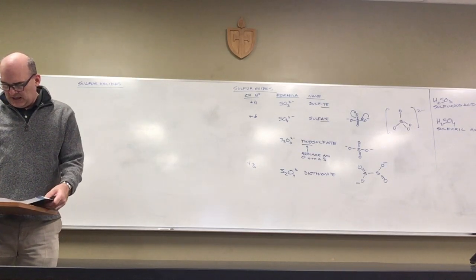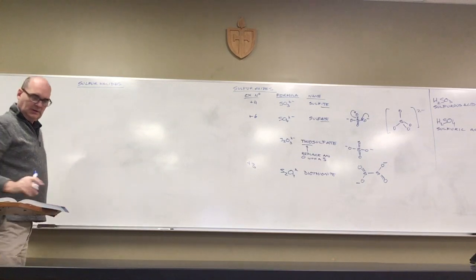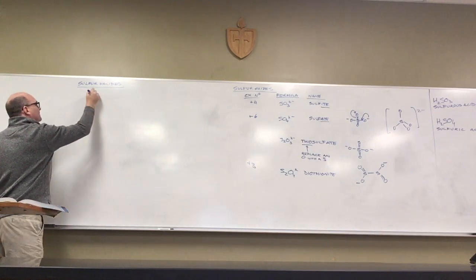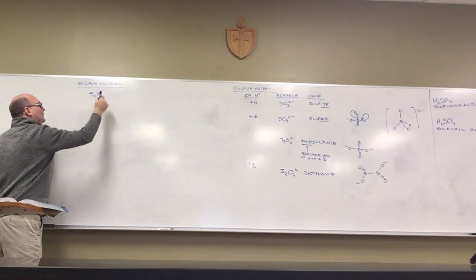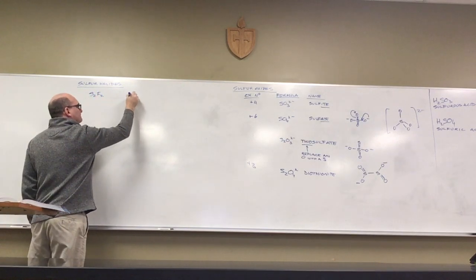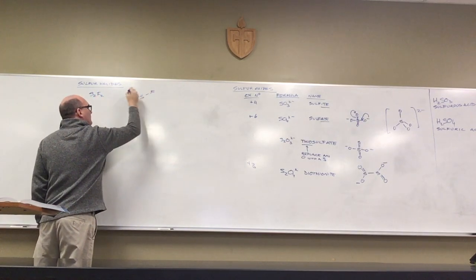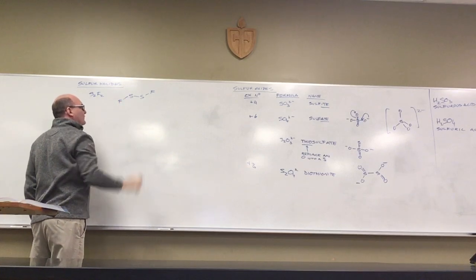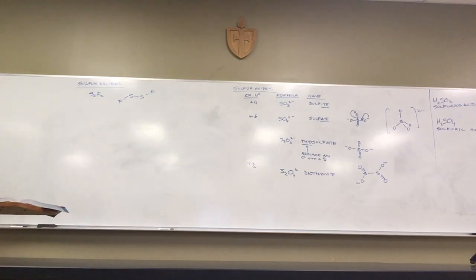Let's look at some halides. S2F2, two bonds. This would be the analog for hydrogen peroxide, where fluorine and hydrogen always make one bond, oxygen and sulfur make two.